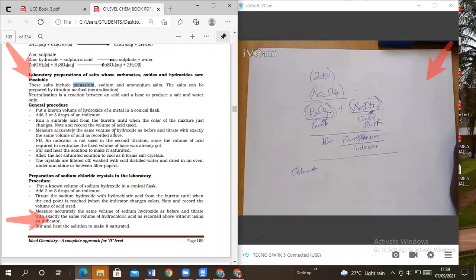So you measure out the exact volume of the acid you used up here. Then you add the exact volume of the acid you used to neutralize that salt here. So after you have formed the salts, stir them together. Go back to our procedure that says stir and heat the solution to make it saturated. Saturate it by heating. Allow the hot solution to cool as the salt forms, and then the crystals will be formed. You wash and dry.